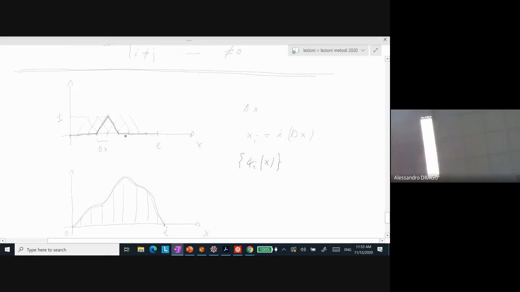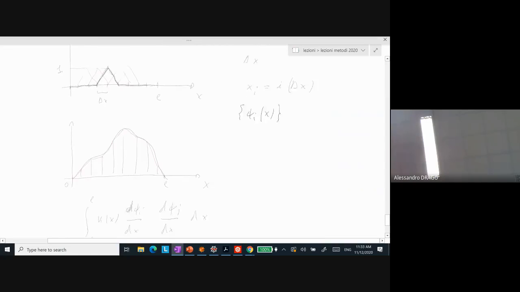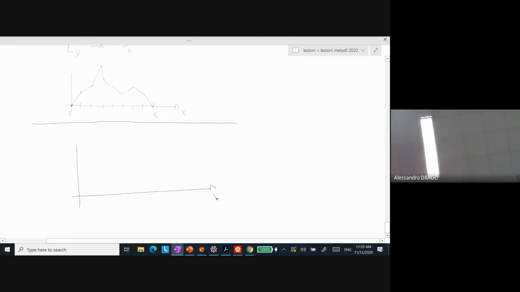So how many of these functions do we have? Notice a little technical detail. Let me do it here just to clarify this point. How many functions do we need? Let's take, for instance, five subintervals. So this, if you like, you can call x0.